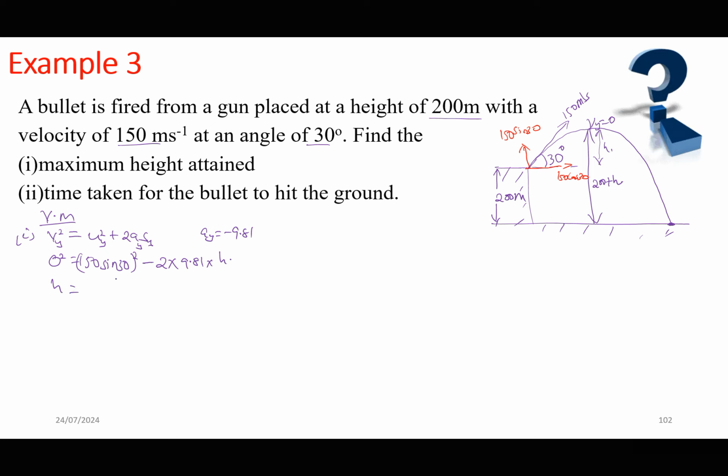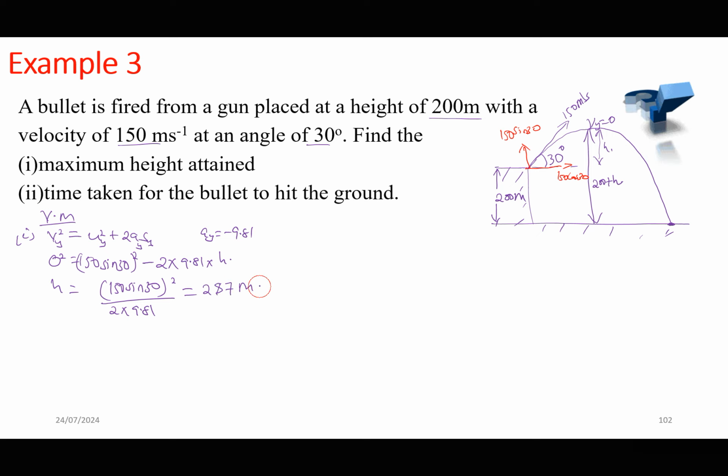So small h is going to be equal to 150 sine of 30, but this should be squared, divided by 2 times 9.81. So small h is going to be equal to, I'll press my calculator, 150 times, so this is giving me 287 meters.